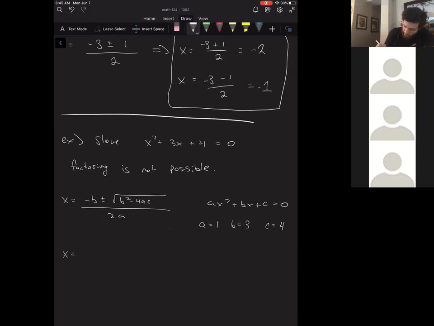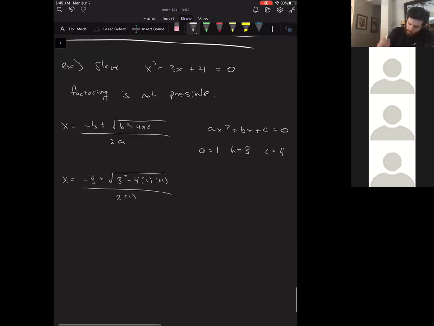So x is equal to negative b, which is negative 3, plus minus the square root of b squared, so 3 squared, minus 4 times a is 1, c is 4, all over 2 times a, so 2 times 1. So what does this equal? We have minus 3 plus minus 3 squared is 9, minus, and then we have 4 times 1 times 4, which is 16, all divided by 2 times 1, which is just 2.